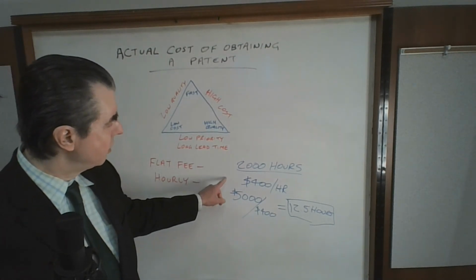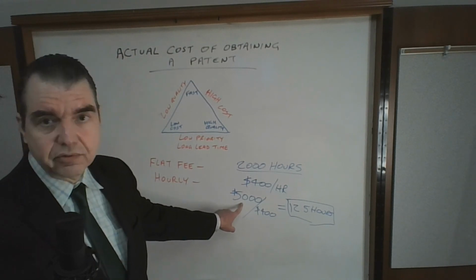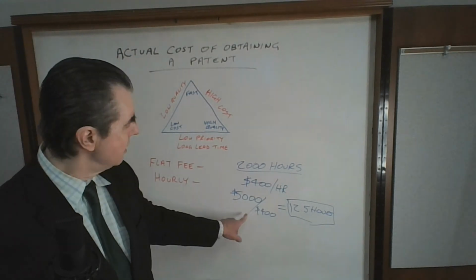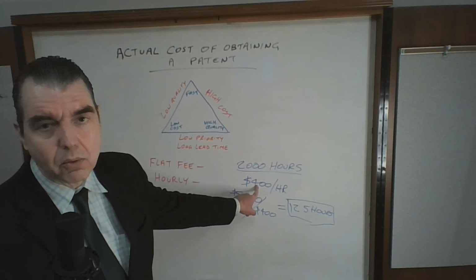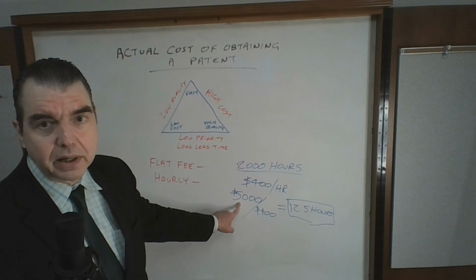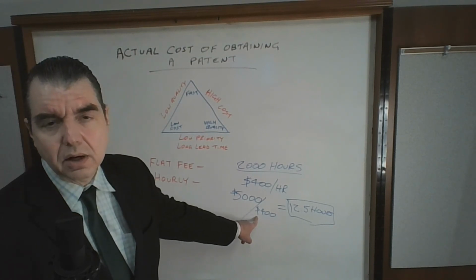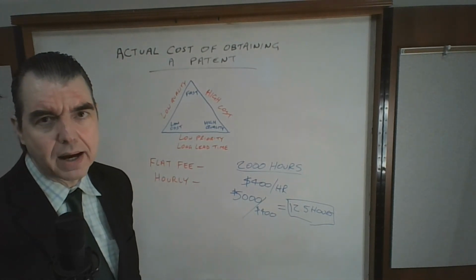Well, that associate is going to think of that patent application as the flat fee divided by whatever their hourly rate is at that moment. So let's say that their hourly rate is the hypothetical $400 an hour. They're going to think of that application as $5,000 divided by the $400 hourly rate, which gives them 12 and a half hours to work on your patent application.